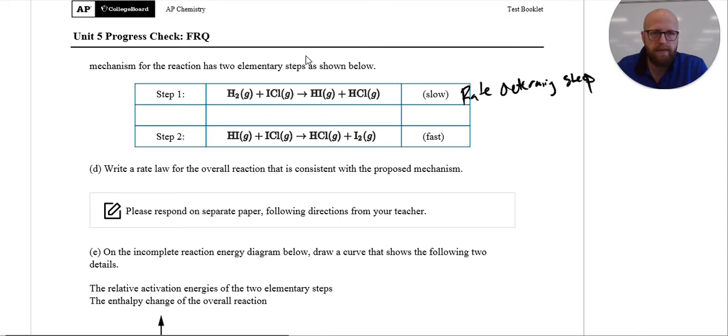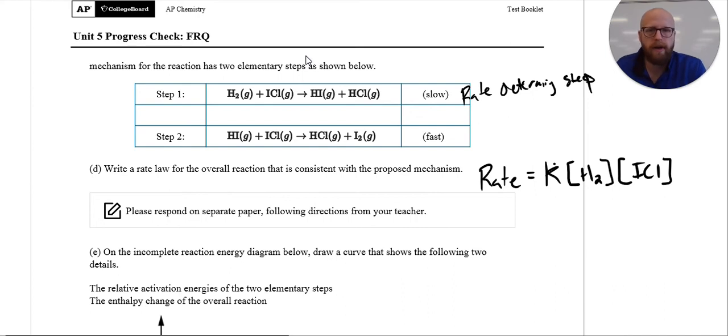This is the step we want to hone in on. So the rate is equal to k times the concentration of H2 times the concentration of ICl.